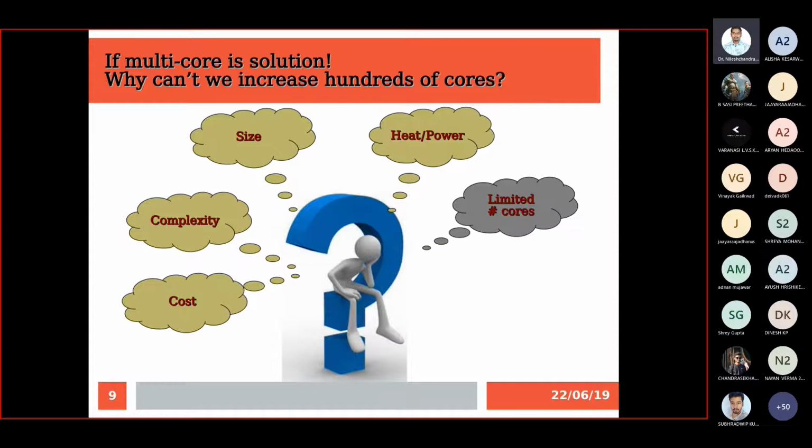Next, let's say I have a limited number of cores. I'll give you a simple example. Let's say a task is performed by a person in 100 days. If the same task is performed by two people, then obviously the time will be reduced to half, 50 days.